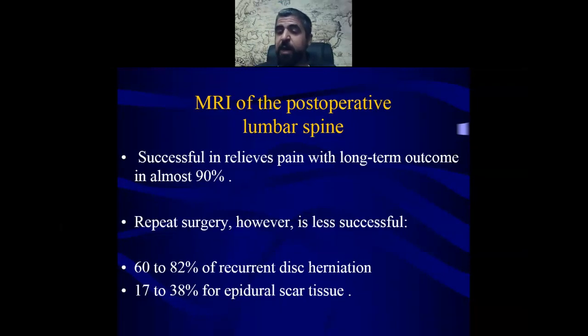But if it is a repeated surgery, a second surgery for the same level, the success is less. About 60 to 80% of recurrent disc herniation will have a second surgery, and up to 38% of epidural scar tissue formation might undergo a second surgery.